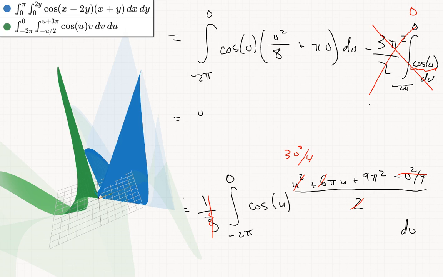I separated this last term out because this is 0 since we're integrating cosine over its full domain. So we don't need to worry about that term.